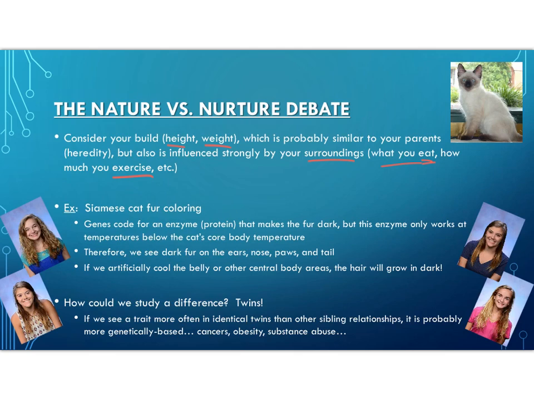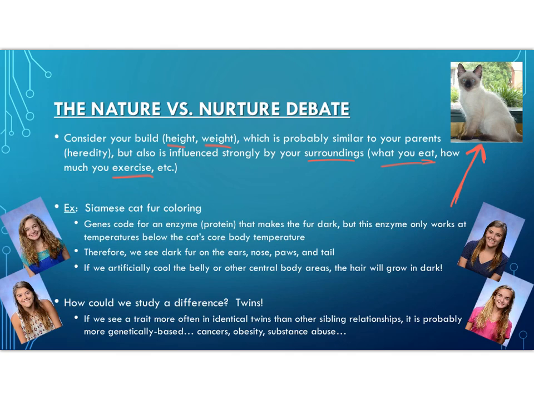Kind of a fun example here are Siamese cats. Now, Siamese cats are very specific. They have this certain coloration with the dark nose and ears and paws and tail. This is a very good visible example of nature and nurture. So they have genes that code for an enzyme that makes their fur dark, but that enzyme only works at temperatures below core body temperature.